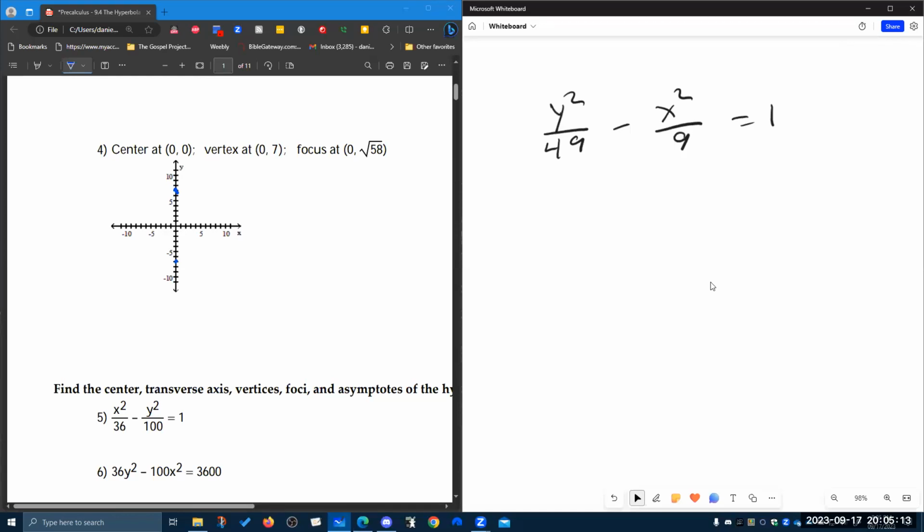So we need to go 3 and 3 and there and there. There's that asymptote. And there's that asymptote. We need to stay between them. Like that.